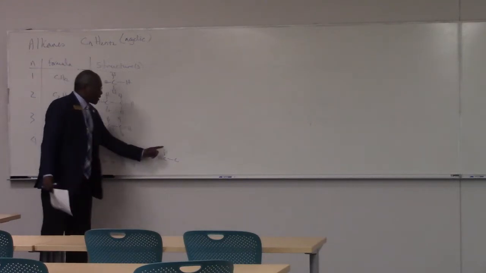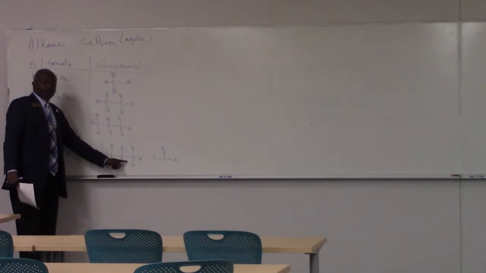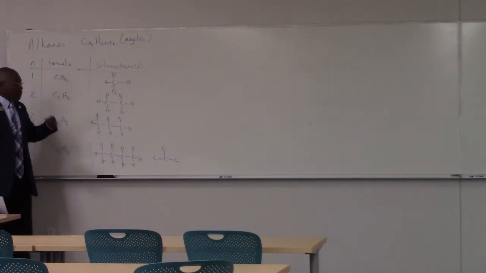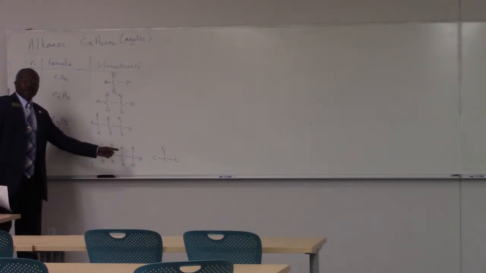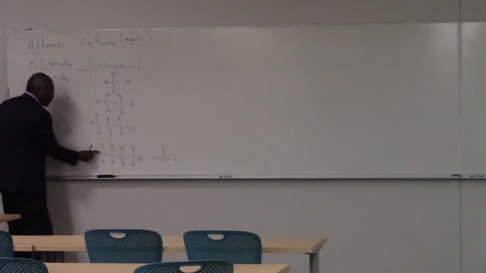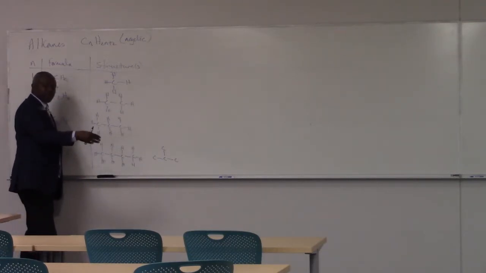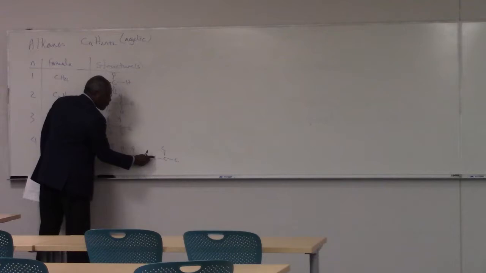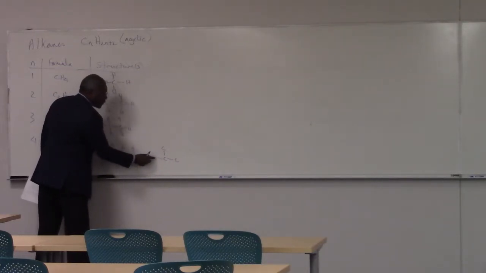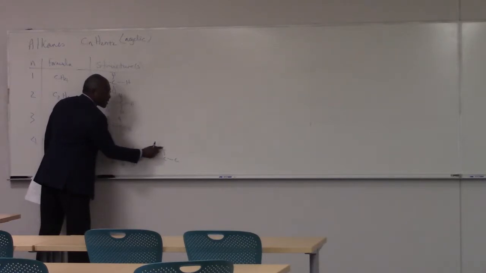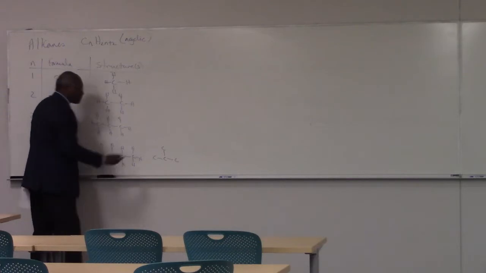Now, if I put the 4th carbon here, that is the same as doing this. Because what you want to mentally do is walk your finger along from one end to the other. In this case, I have all 4 carbons in a line, and I don't have to back up to include another carbon. But here, if I went this way, I'll have to back up to include that carbon. So these are 2 different skeletons completely.